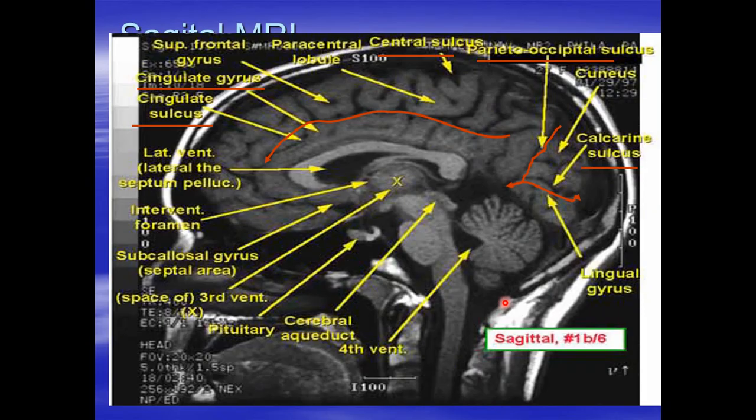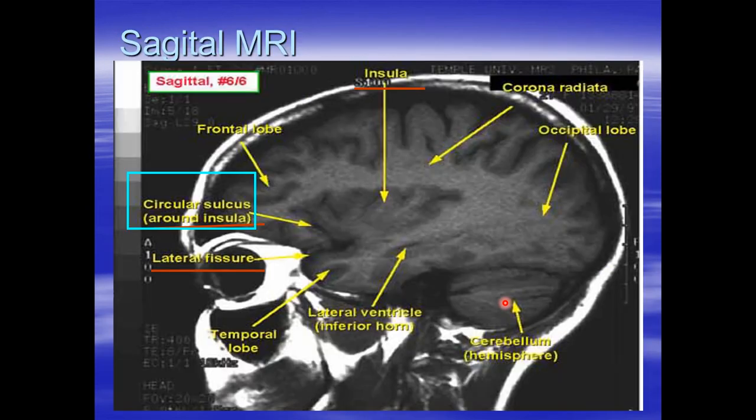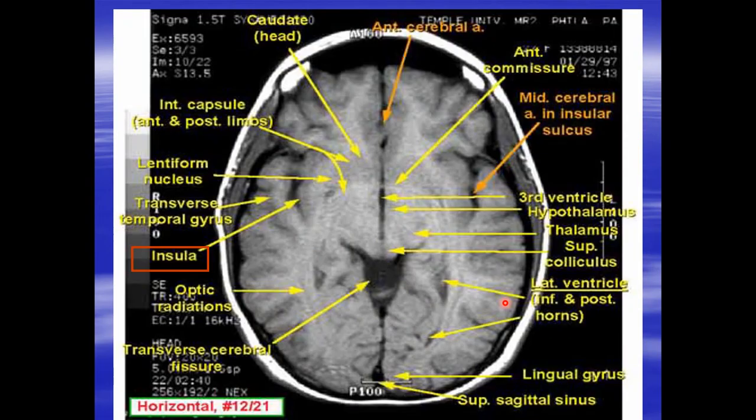Now we are exactly at the midline. Someone is asking about the operculum. On MRI you need to see the operculum on axial images, they are the best. You can see here, this is the insula and it is covered by this operculum, and if you go a little bit higher you see the other operculum and the other.